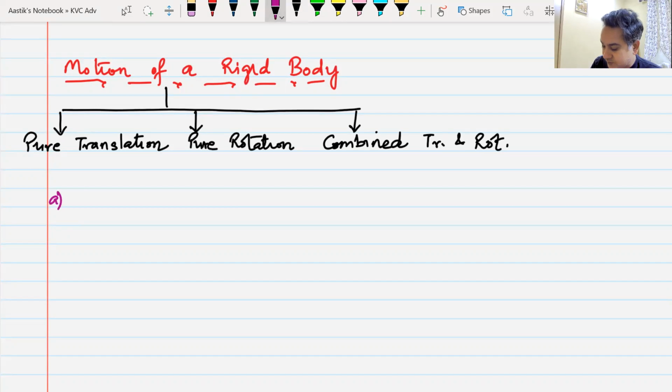The first type is pure translational. What do you mean by a pure translational motion?